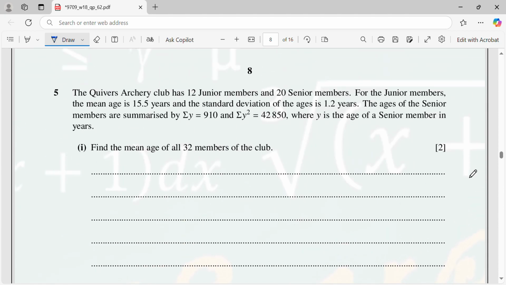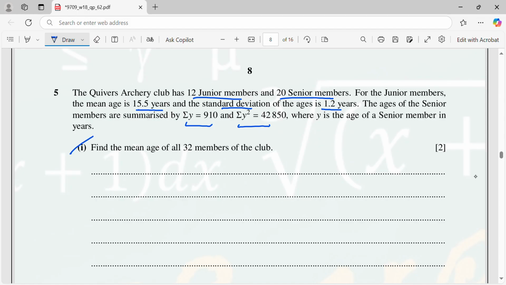Okay, question number 5. The Quivers Archery Club has 12 junior members and 20 senior members. For the junior members, the mean age is 15.5 years and the standard deviation of the ages is 1.2 years. The ages of senior members are summarized by summation y squared, where y is the age of the senior member in years.